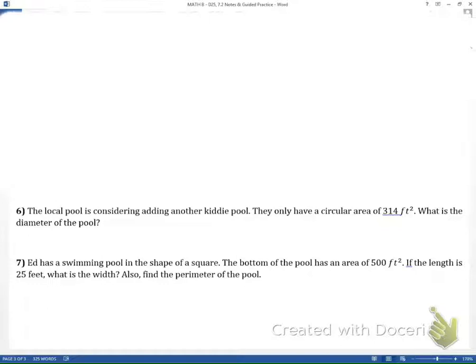The local pool is considering adding another kiddie pool. They only have a circular area of 314 feet squared. What is the diameter of the pool? So they're talking about a circle shape. Let's go ahead and draw the shape that they're talking about so that we can figure out what we're given.